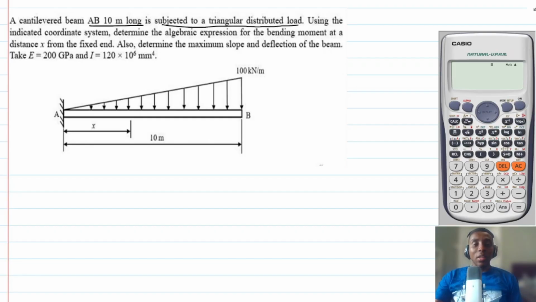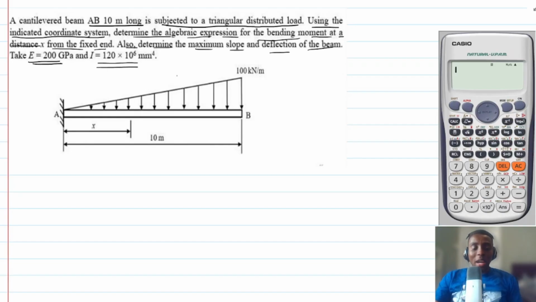Using the indicated coordinate system, determine the algebraic expression for the bending moment at a distance x from the fixed end, and also determine the maximum slope and deflection of the beam. We should take E, which is Young's modulus, as 200 gigapascal, and I, the area moment of inertia, as 120 times 10 to the power 6.